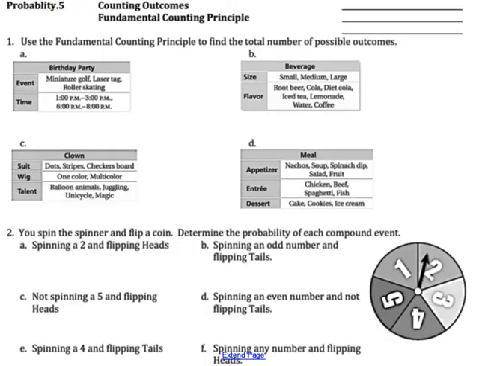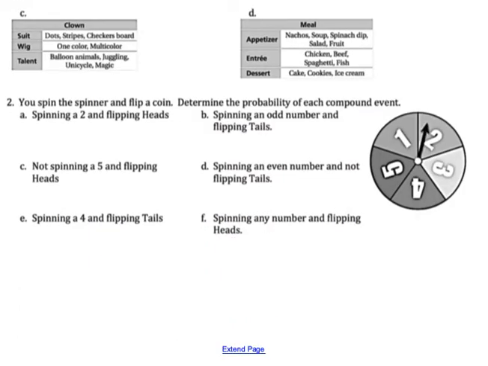All right, in your assignment, on number 1, you're going to use the fundamental counting principle to find the total number of possible outcomes. Just count up for each separate event and multiply how many options there are for each to get the total. Number 2, you're going to spin a spinner and flip a coin, and determine the probability of each compound event.